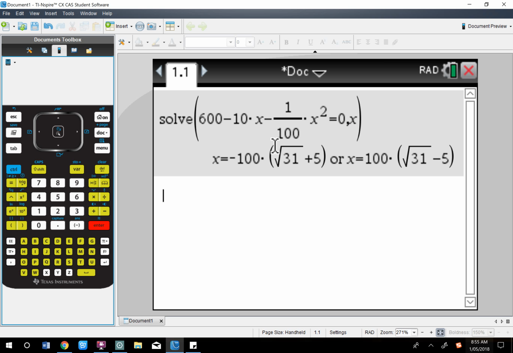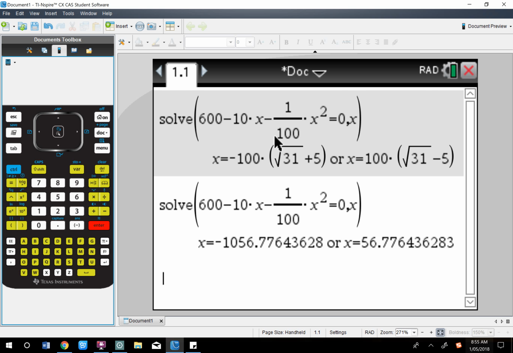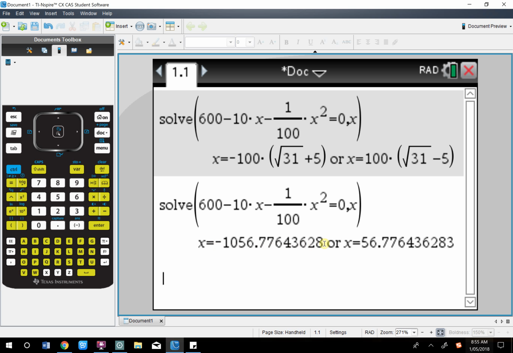Okay, we have two solutions here, but which one can we use? We should use Control Enter to find the approximation value. Well, this is a negative time. Remember your x is the t. We don't want the negative time, so we will select the positive time. So that's this solution here.